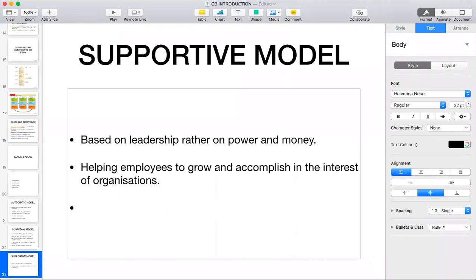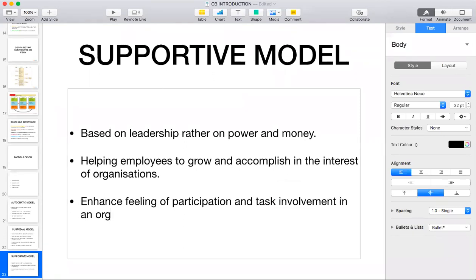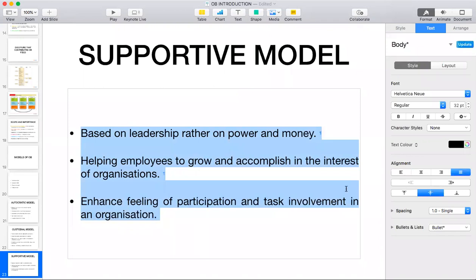Ultimately, this sort of system enhances the feeling of participation, because each and every worker feels participative and involved in decision making. And task involvement, because the company takes their suggestions and inputs in case the company is facing certain problems. So it enhances the feeling of participation and task involvement in an organization. That is the major part when it comes to the supportive model.